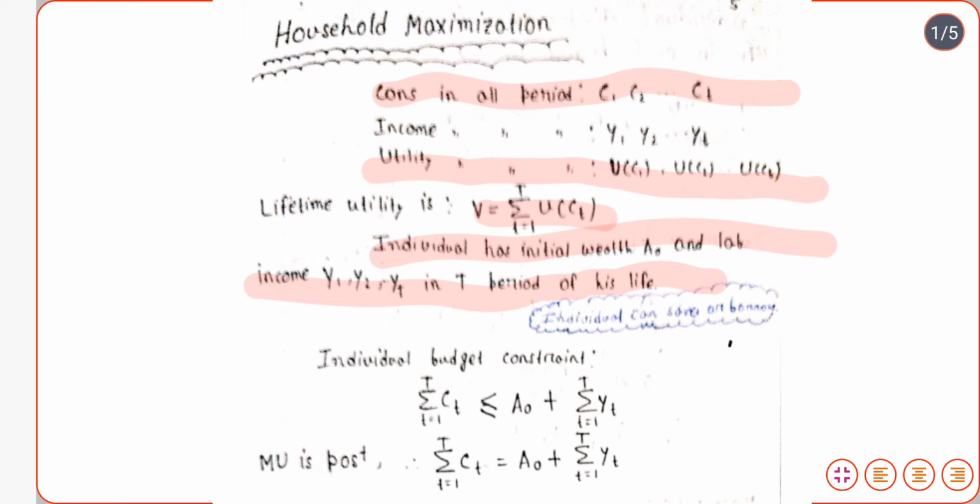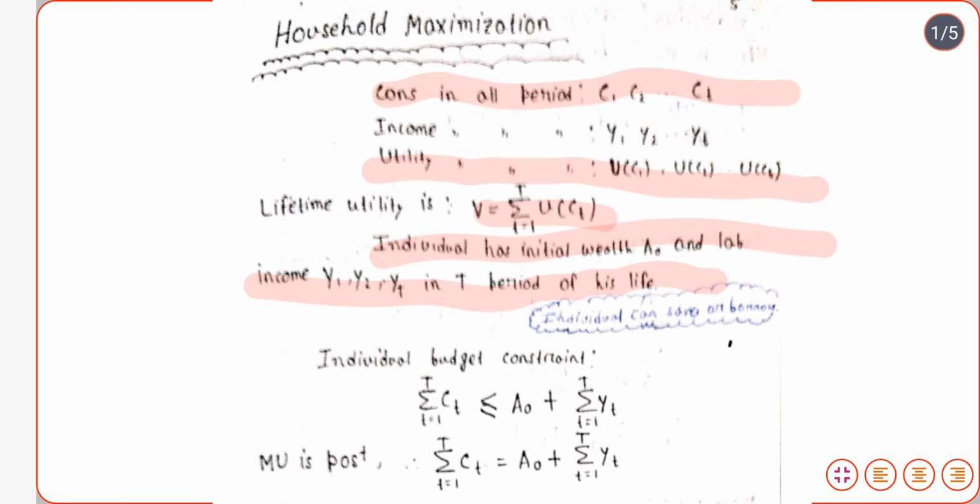So now, how will the individual budget constraint look like? As we know, the budget constraint relates the total consumption by the consumer and the total wealth or total income that the consumer has.